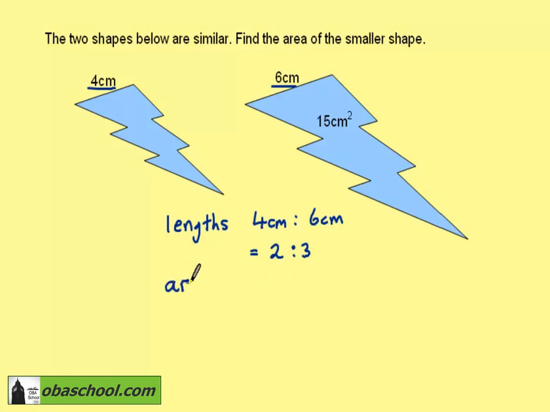It follows that the ratio of the areas will be 2 squared to 3 squared, which is 4 to 9.